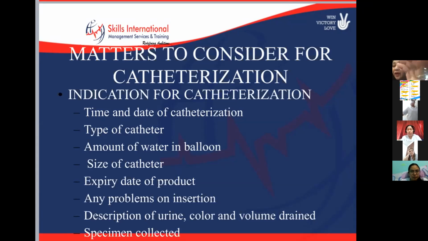You have to take down notes on the urine, how it looks, the color, the volume that is drained. Because this is very important. Through the color and how it looks, the density and the volume, you can tell if the color is cloudy, if it's dark brown, or if it is bloody, or the volume is only so many cc, and the patient is being monitored for fluids and electrolytes, there will also be a problem.